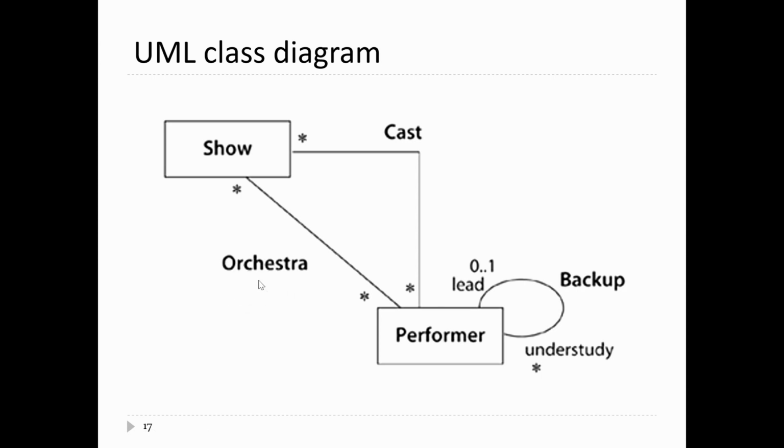Similarly, if you're one of the actors, each show has zero or more performers who are actors, and each performer might be an actor in zero or more shows. This one shows the role called backup. If you're a lead actor, you might have zero or more understudies.